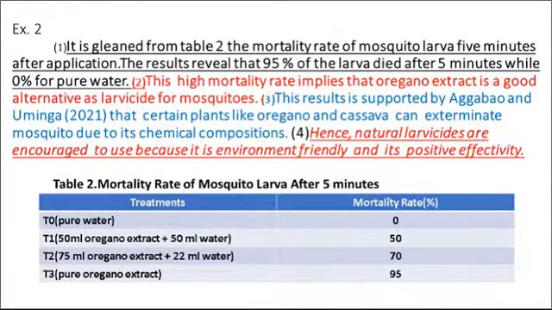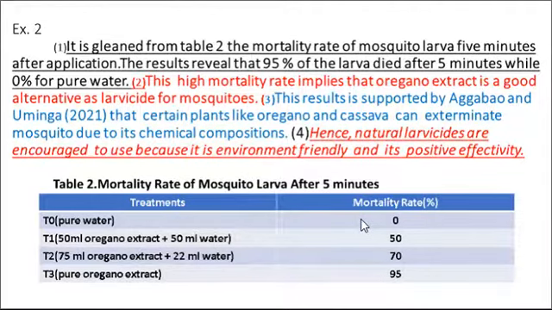Okay, so we have here example number 2. This one is the first step. It is gleaned from table 2 the mortality rate of mosquito larvae 5 minutes after application. The result reveals that 95% of larvae died after 5 minutes while 0% for pure water. So based on the result of the data, in step number 1, it only discusses the highest and the lowest.